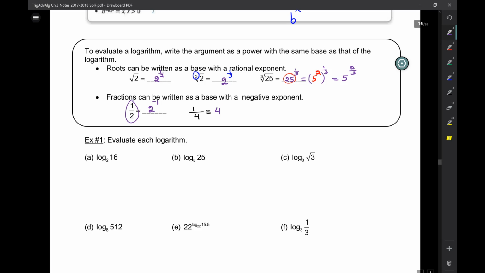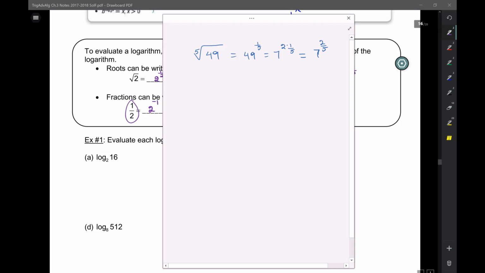It's 4 to the power of -1, but can I write it in terms of 2's? 2 to the power of -2. Okay, so what about 1 over 25? How can I write that? It's 5 to the power of -2.